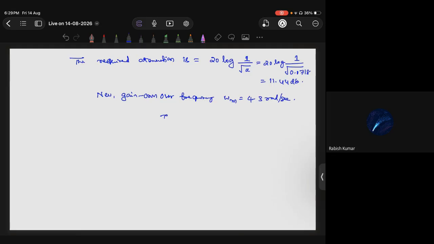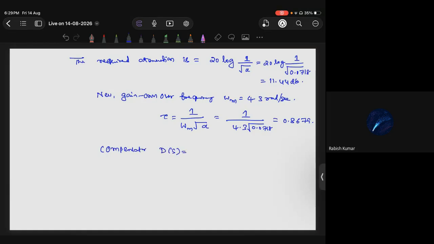Once you have this omega, you can calculate tau as 1 by omega root alpha, with omega 4.3 and alpha 0.0718, which gives 0.8679.